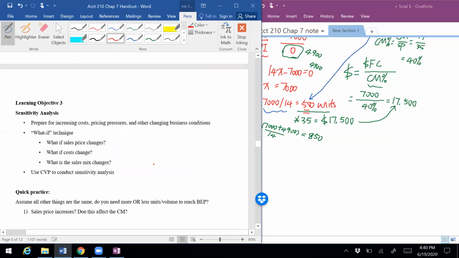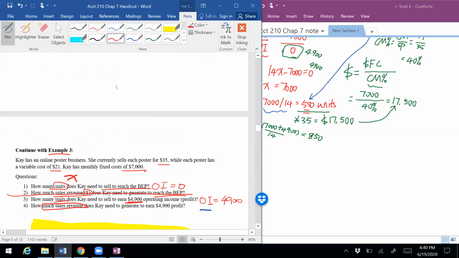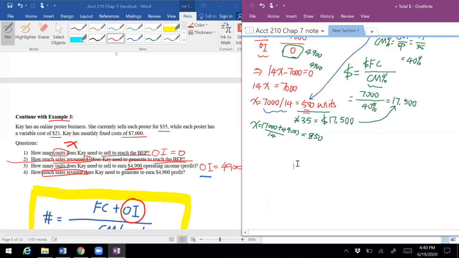So let's check our formula. I'll put my work here. We used the traditional way to do the practice and found it should be 850 units, but now I want to use the shortcut. The units will be my fixed cost plus my operating income divided by my contribution margin for each unit. My fixed cost is 7,000.